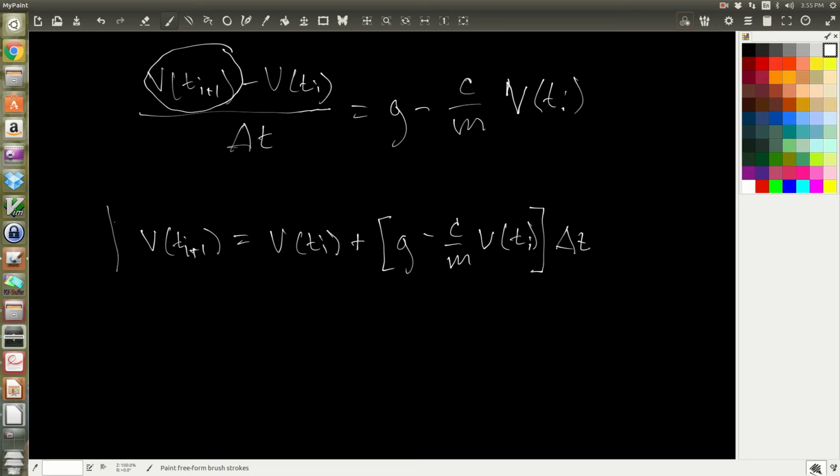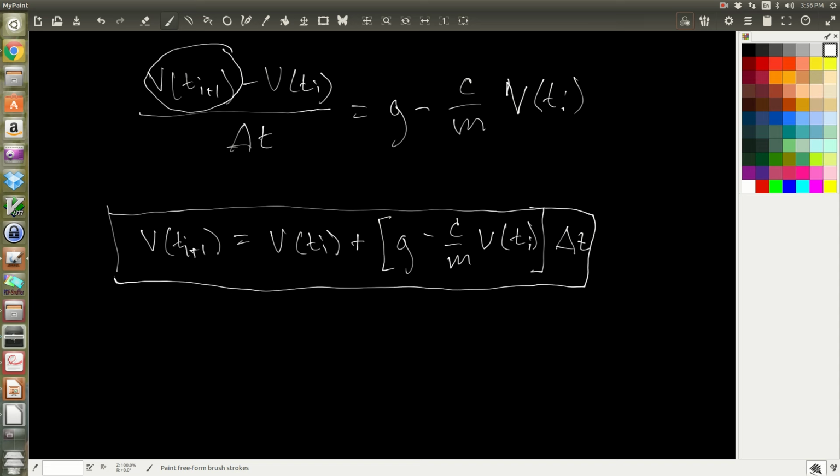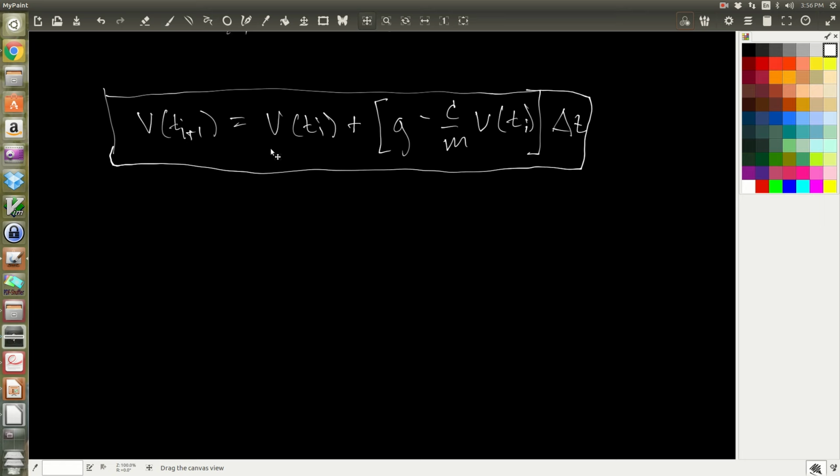Now this right here is what's called the finite difference solution to our differential equation. And we can use it to generate an approximate solution of our differential equation. Let me show you how we do that.